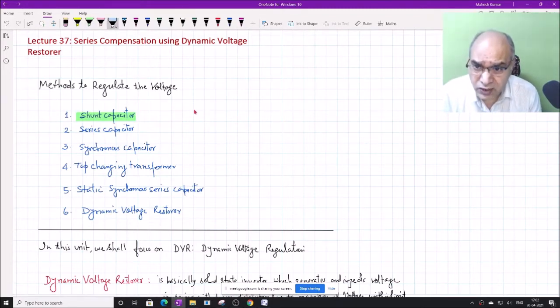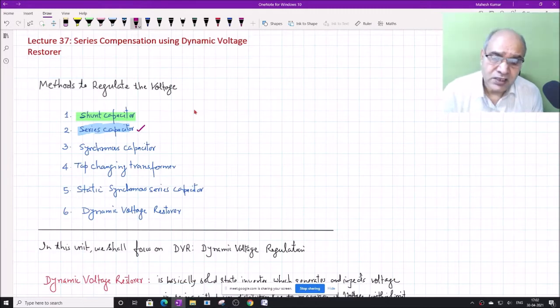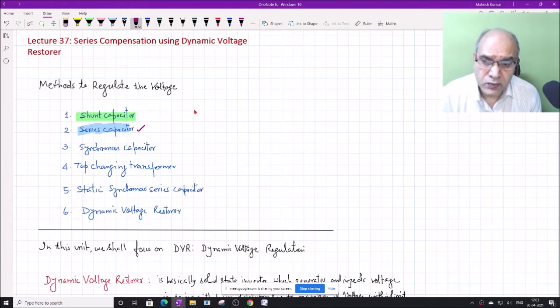Series capacitors are also used to maintain the voltage, but series capacitors are more effective than shunt capacitors as far as the voltage compensation is concerned. However, both can affect the voltage, both can regulate the voltage. And then the synchronous capacitor, this is called synchronous condenser, can also be used to regulate the voltage.